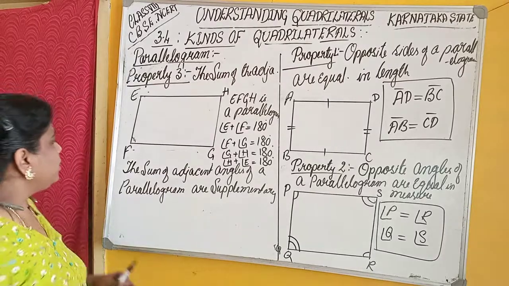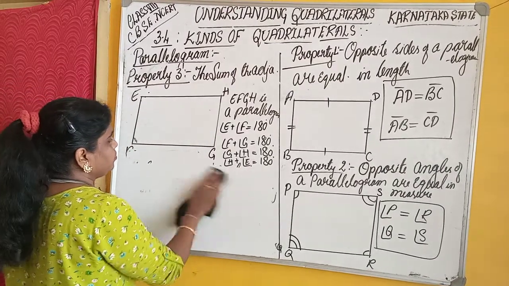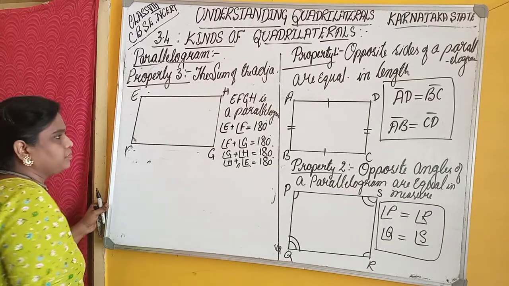Next, property number 4. Okay, students, property 4.